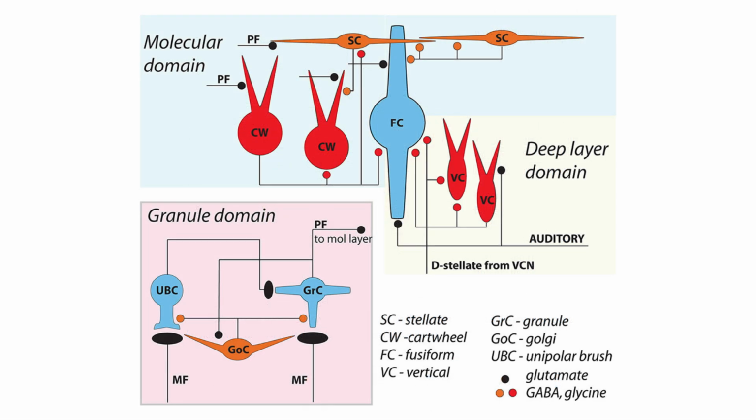Now, if we go back to the diagram, the vertical cells, as you guys remember, are the inhibitory neurons in the deep layers that also, of course, contribute to shaping the output by providing the inhibitory input onto the fusiform cells.